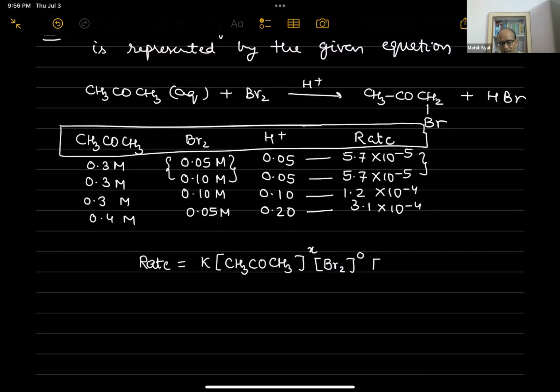And then you take H plus, that should be y. So what should be the value of x and y? To study H plus, you can take these two data. Is it clear or not?